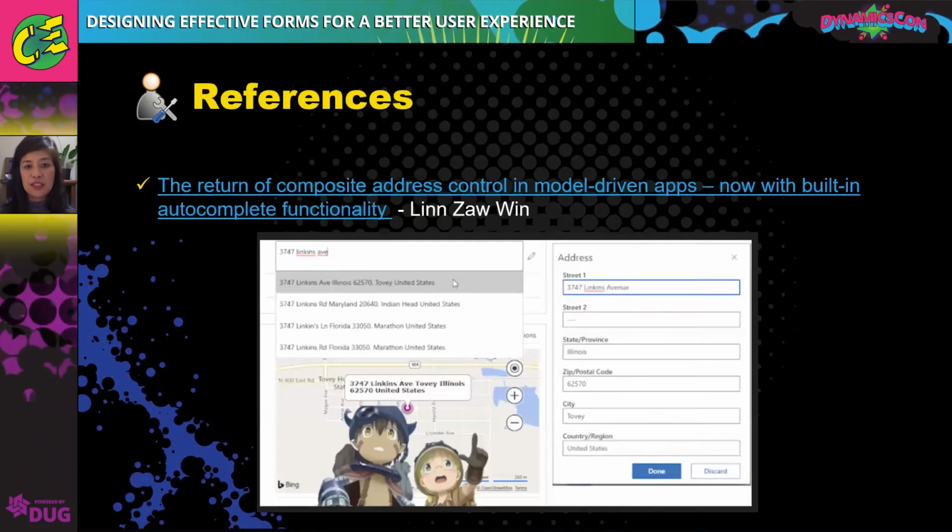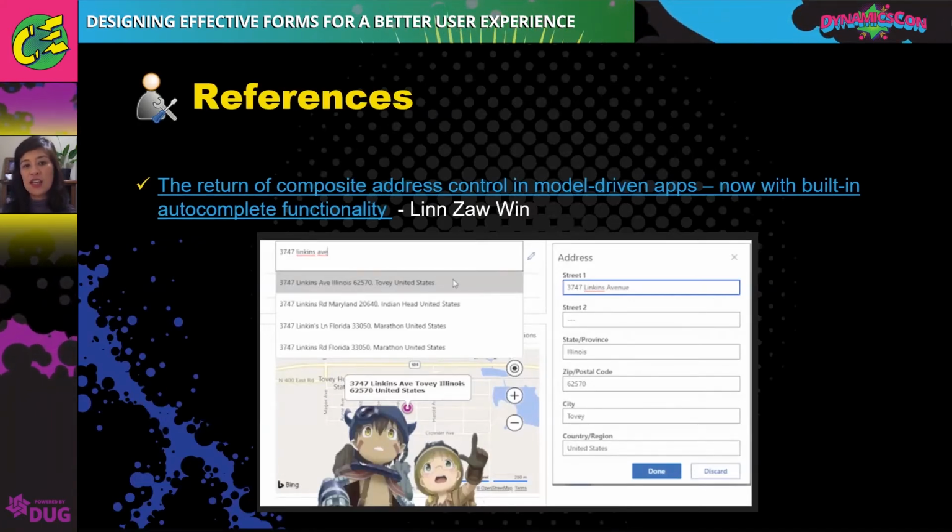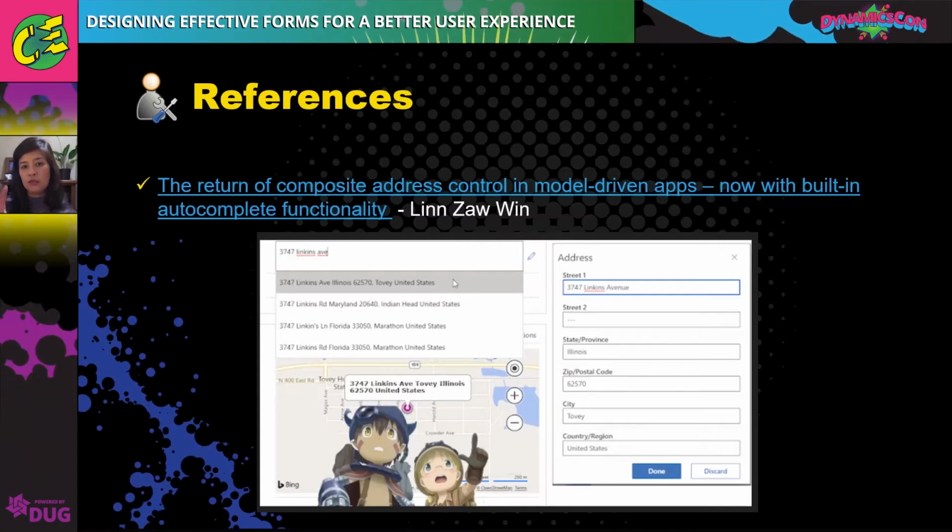Next, we have Lynn Zowin's The Return of Composite Address Control, now with built-in autocomplete functionality. This used to exist in the legacy web client, and I actually like that functionality because it gives you a concise summary of the address, but then when you click on it, you get a structured form where you can enter the address details.